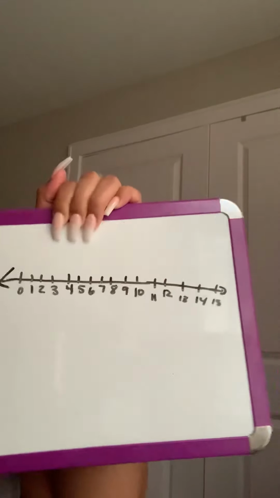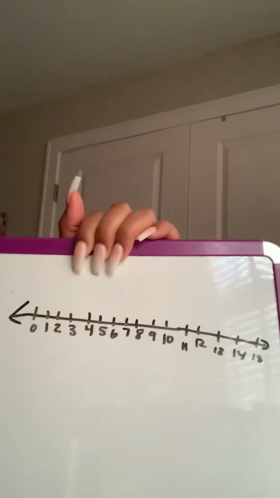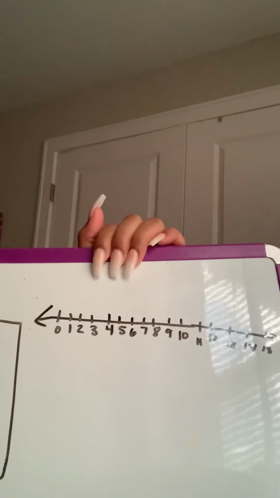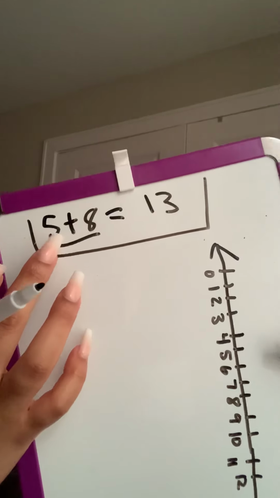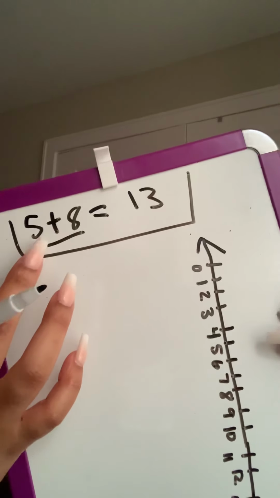Okay, so once you got your number line all drawn out to 15, you're gonna put your finger on 5, because 5 is our base number, and this is the number that we're gonna be using to start off with.